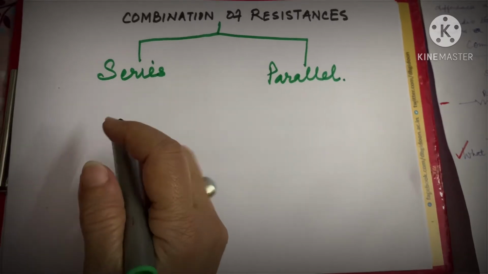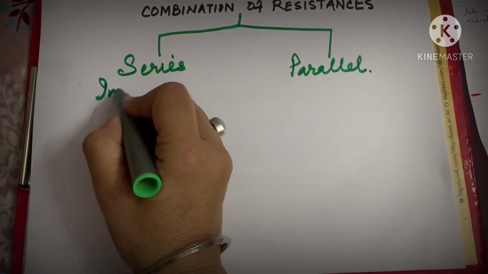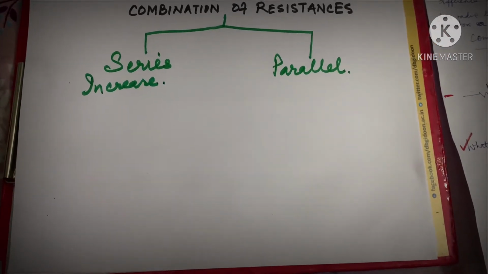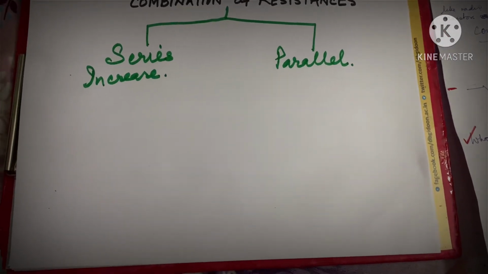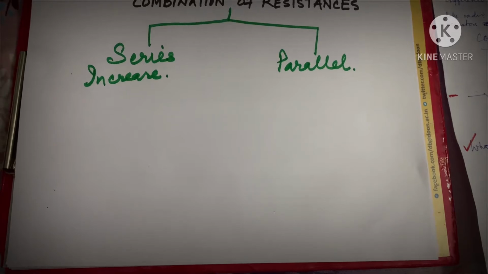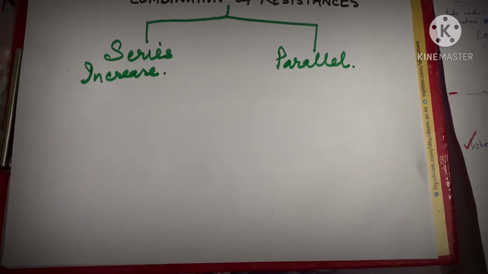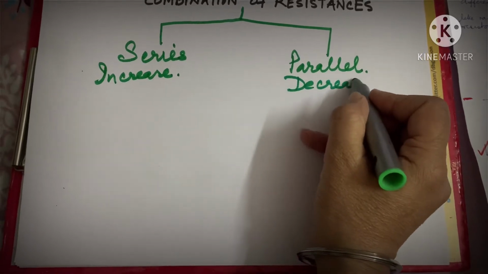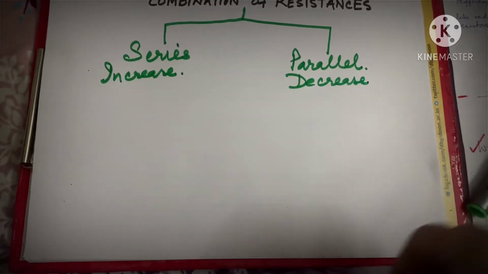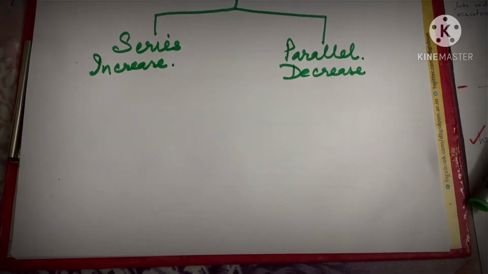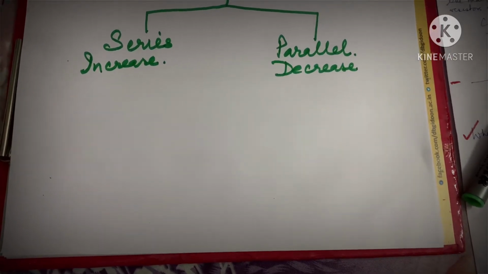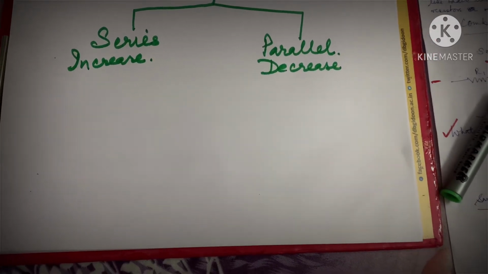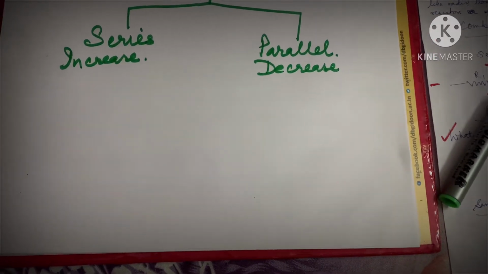If we want to increase the total resistance, then the individual resistances are connected in series. And if we want to decrease the resistance, then the individual resistances are connected in parallel. We will study these two cases in detail one by one.